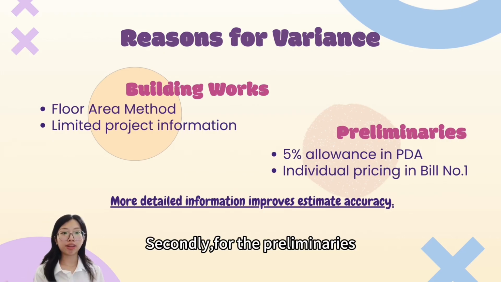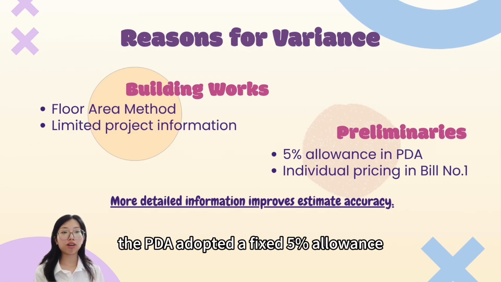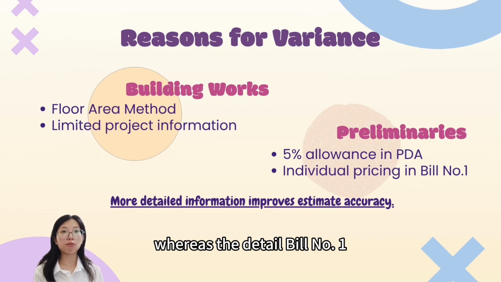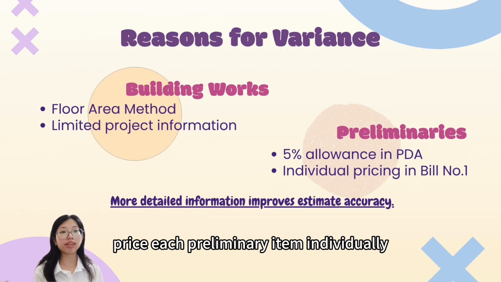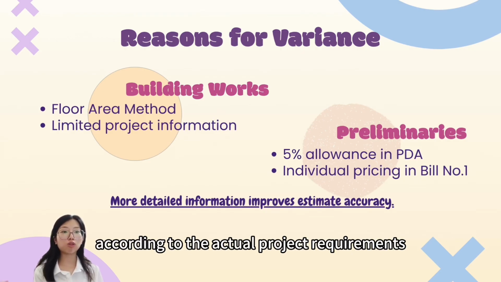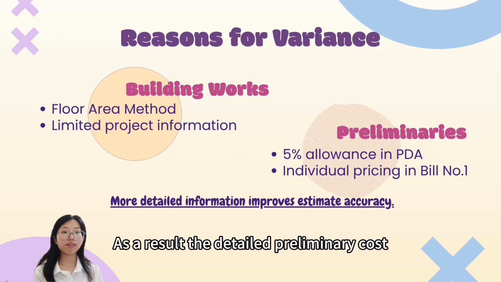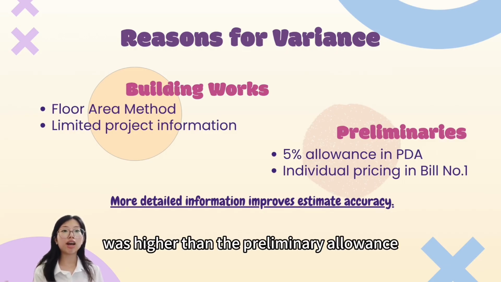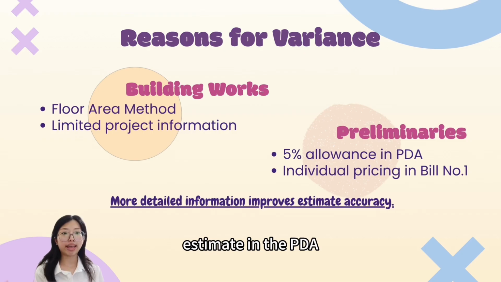Secondly, for the preliminaries, the PDA adopted a fixed 5% allowance, whereas the detailed Bill Number 1 priced each preliminary item individually according to the actual project requirements. As a result, the detailed preliminary cost was higher than the preliminary allowance estimate in the PDA.